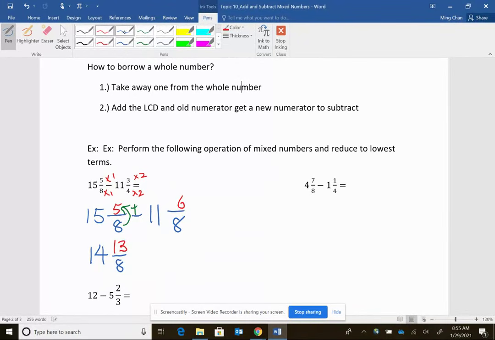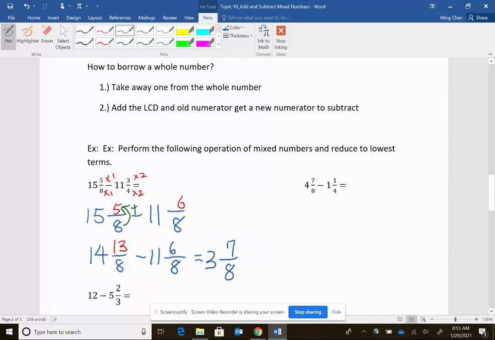So now I will use the 13 to subtract with the numerator 6. That will be enough to subtract. So 14 minus 11 is 3. LCD is still 8. 13 minus 6 is 7. All right, 7 over 8 cannot be reduced, so that's my answer.